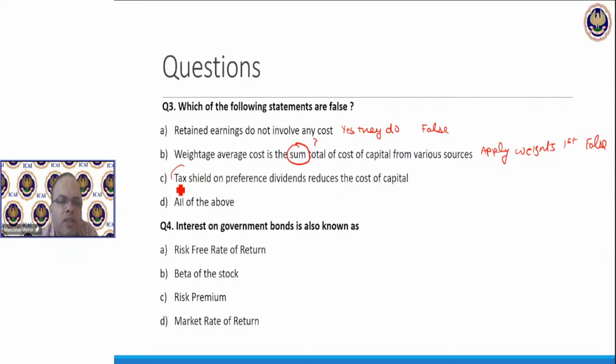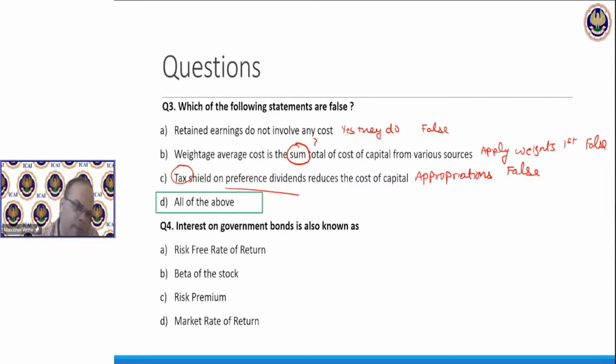How come there is a tax shield on the preference dividends? These dividends are appropriations against profit. And hence, this is also false. And thereby, the answer is B. Guys, I hope everyone got it.